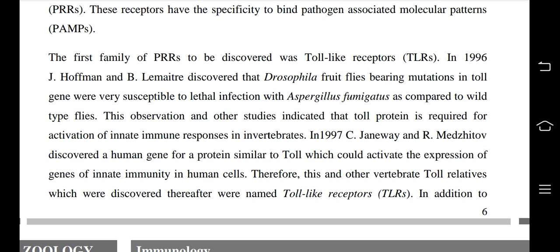In 1997, C. Janeway and R. Medzhitov discovered a human gene for a protein similar to toll, which could activate the expression of genes of innate immunity in human cells. Therefore, this and other vertebrate toll relatives, which were discovered thereafter, were named toll-like receptors.